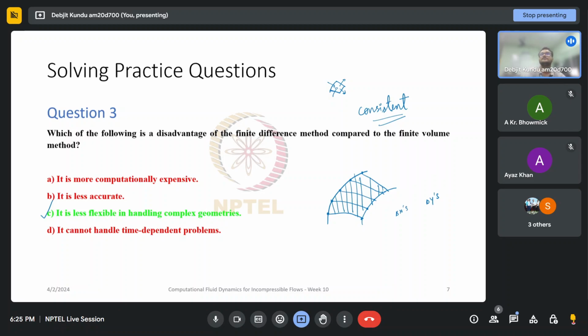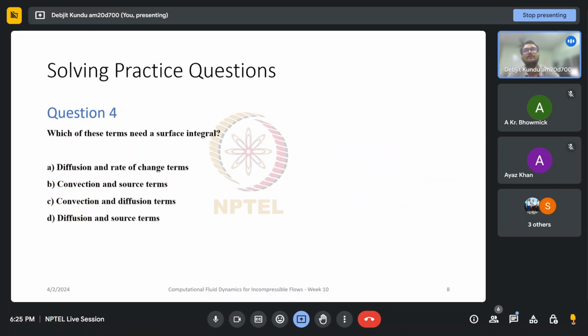Okay. So we'll move on to question number 4 now, which is asking us which of these terms need a surface integral. So I'll first write the terms down because the question has no terms in the question.